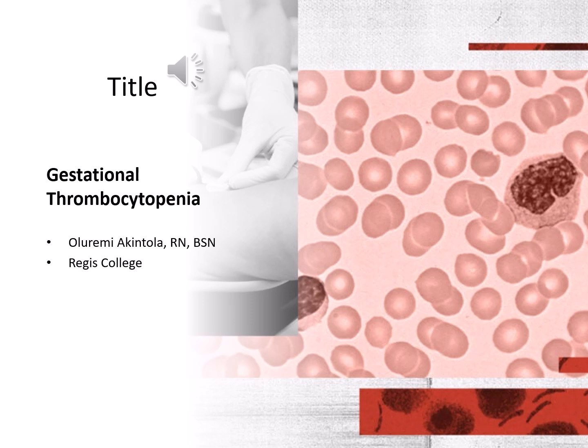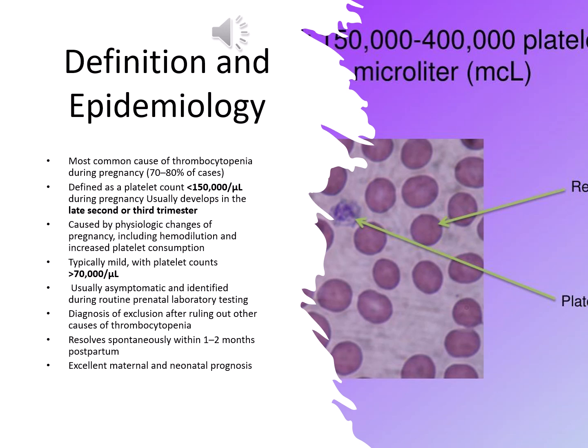I'm going to be presenting this discussion titled Gestational Thrombocytopenia. Gestational thrombocytopenia is the most common cause of thrombocytopenia during pregnancy, accounting for approximately 70 to 80% of all cases.